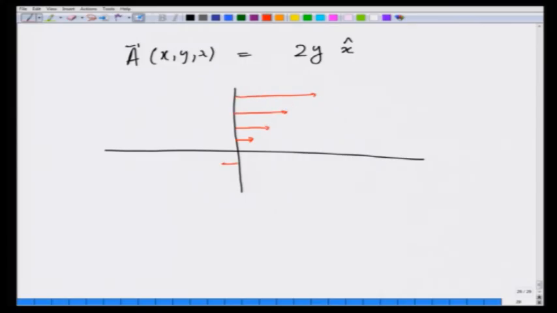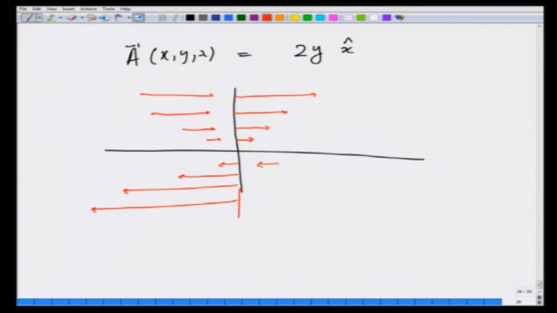On the negative y side it is going to be like this. And you can see that all these points are going to be bigger. It depends only on the y coordinate.